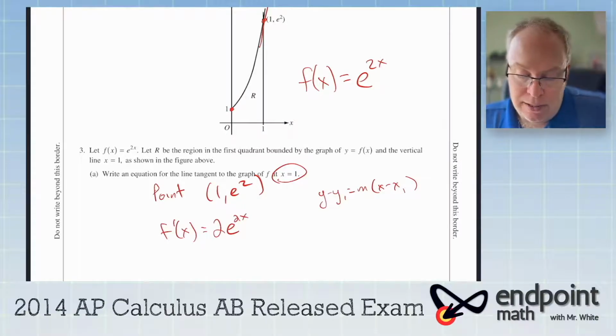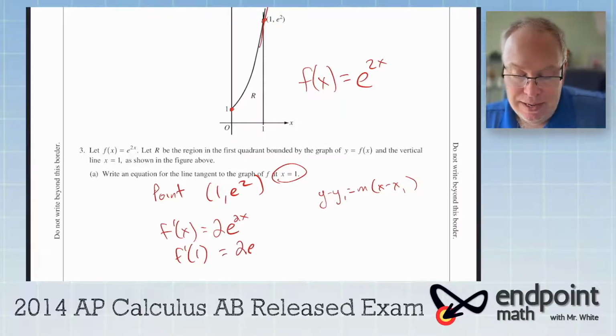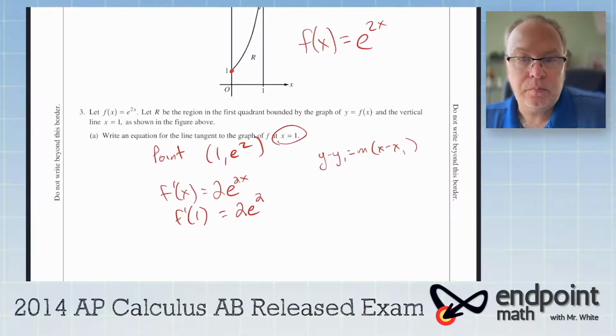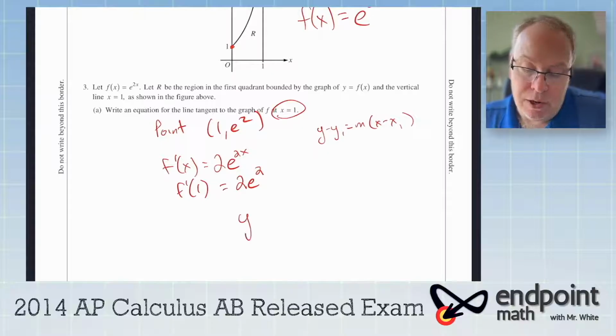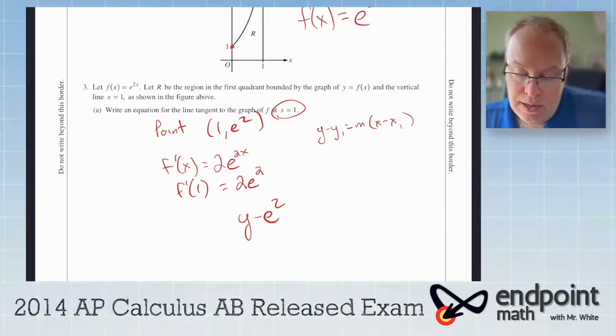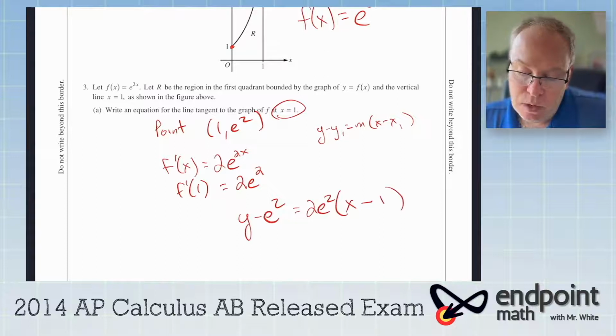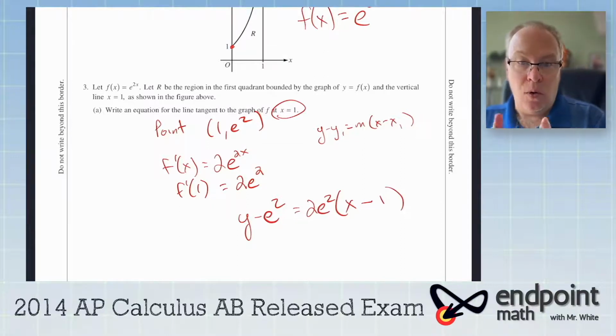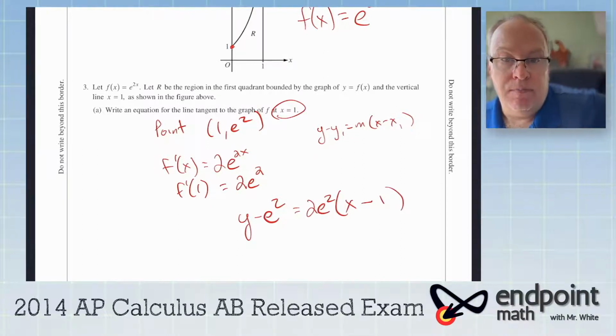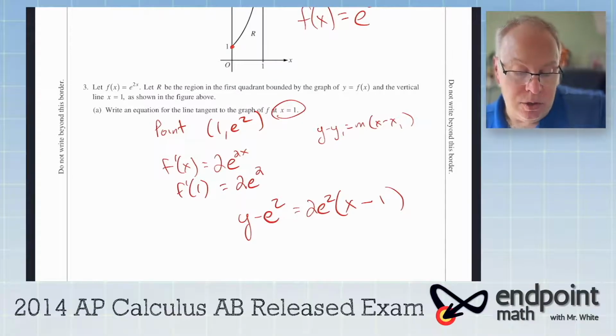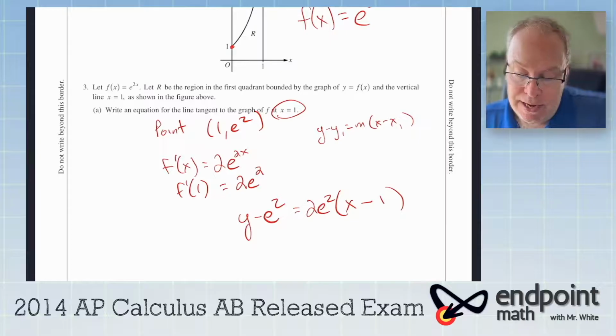And then you plug 1 in there. f prime of 1 equals 2e squared. So we're ready to write the equation of the line. y minus e squared equals 2e squared times the quantity x minus 1. You can just leave that answer like that, or you can add e squared to the other side if you'd like. All right, so that's the line tangent.